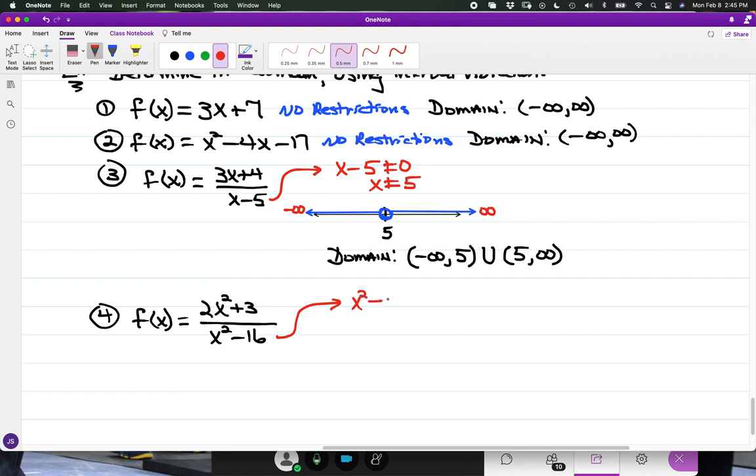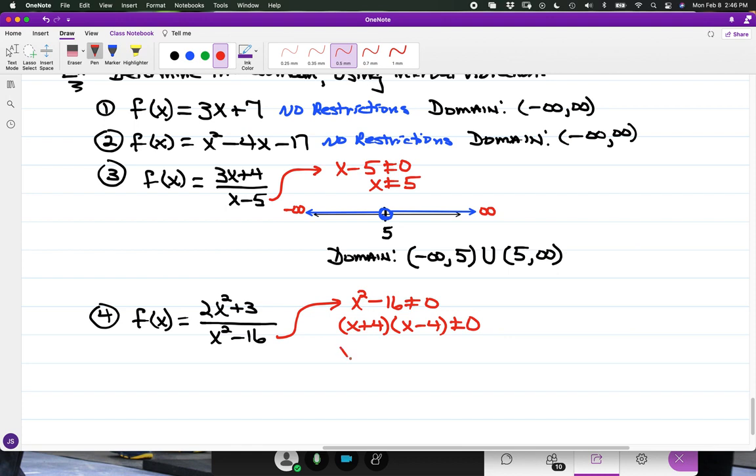So now x squared minus 16 cannot be 0. And if that is the case, then anything that forms x squared minus 16, namely its factors, cannot be 0 either.